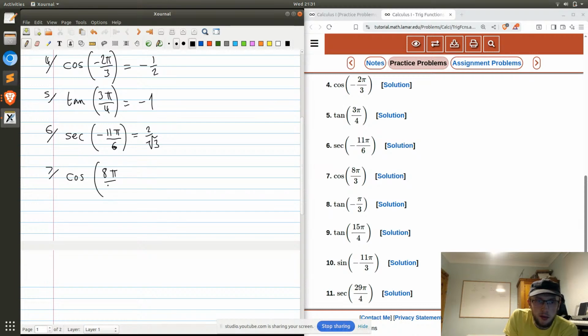Cosine of 8 pi over 3. Two-thirds more. Minus half.